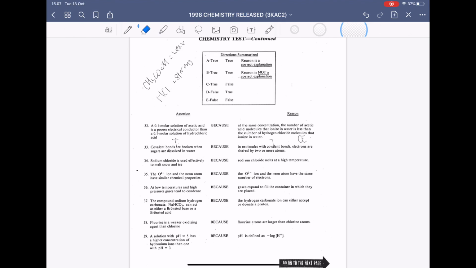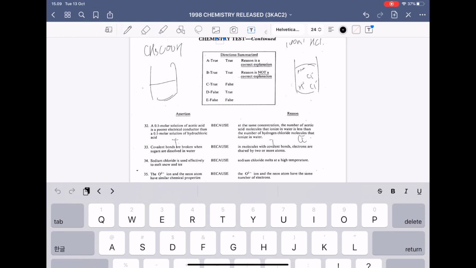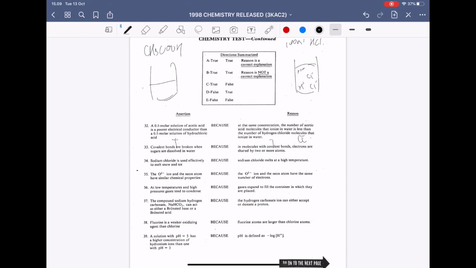One of the properties of strong acids is that they completely dissociate in an aqueous solution, which means that when 100 milliliters of HCl is added, all of it is separated into H plus and Cl minus ions, while in a weak acid like acetic acid, CH3COOH, it's H plus and the acetate ion, and it does not fully dissociate.